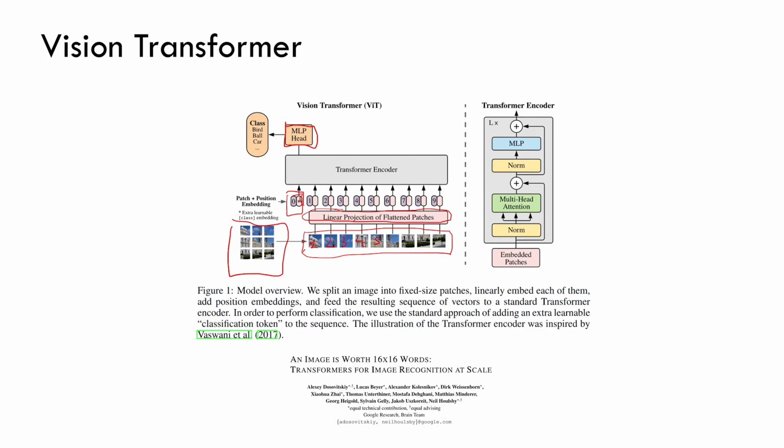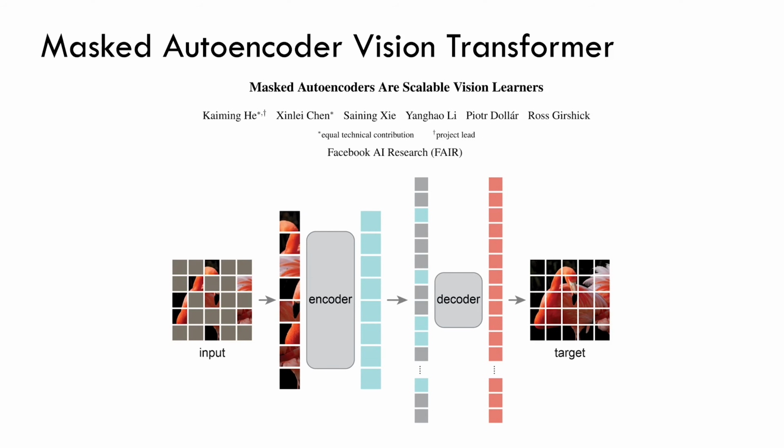They took the vision transformer and transformed it into a masked autoencoder vision transformer, and this happened in another paper called "Masked Autoencoders Are Scalable Vision Learners" from Facebook, from Meta. Here they still have an input image, but they split it into patches and then mask out, delete, some patches, replacing them with zeros.